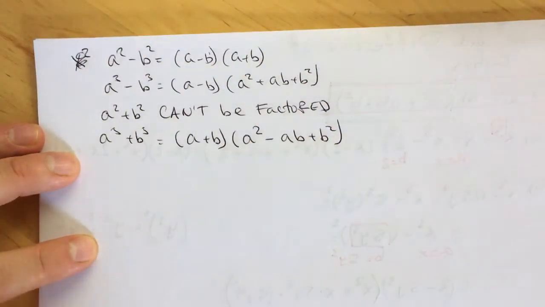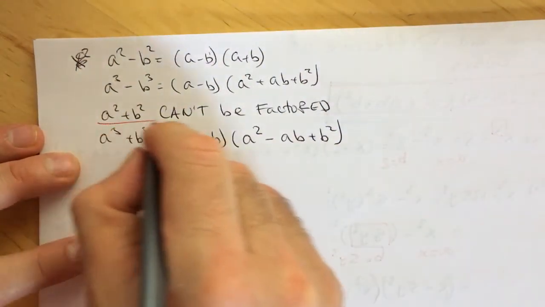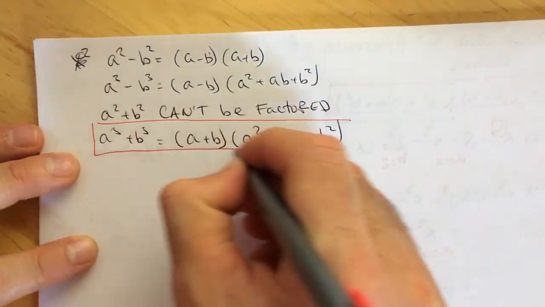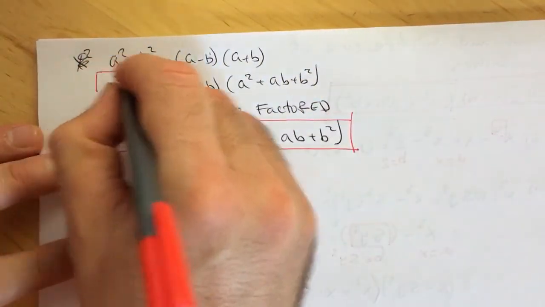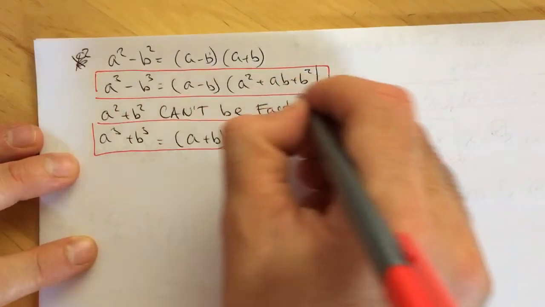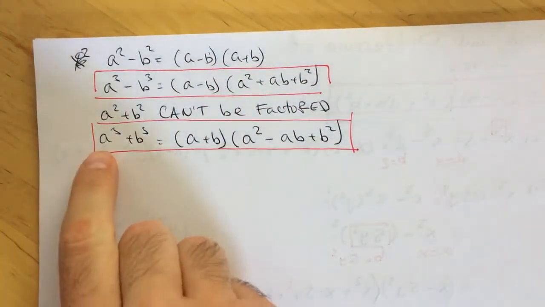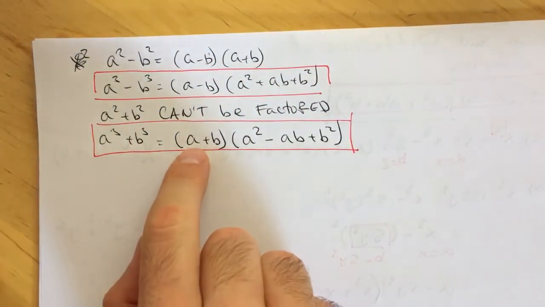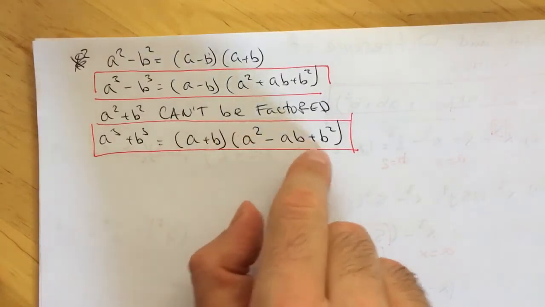Okay, so be careful of the difference between sum and difference of cubes. These are the two formulas that we're learning today. So a cubed plus b cubed is equal to a plus b times a squared minus ab plus b squared.